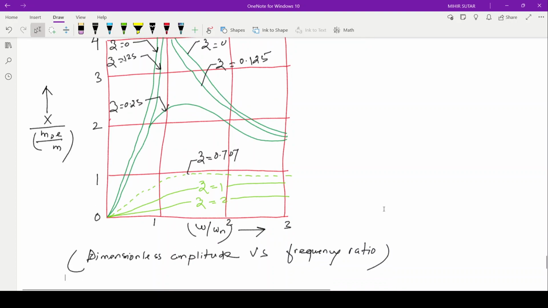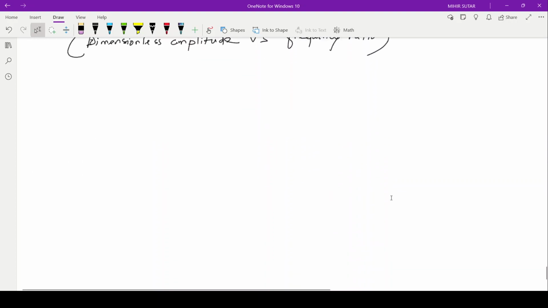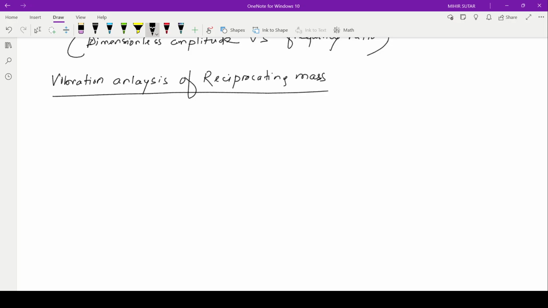Okay, so now we will go to vibration analysis of reciprocating mass. So we can draw a figure like this.